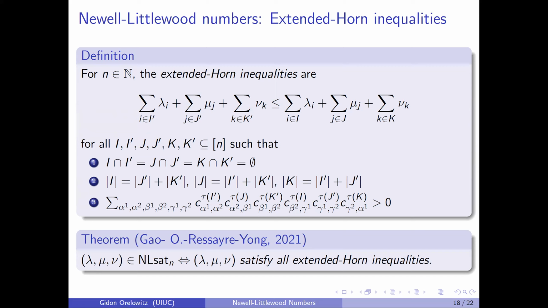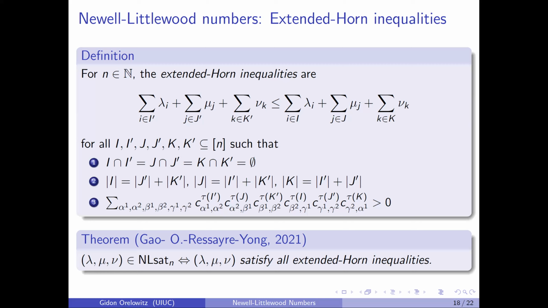It's just a fancier version of the condition before that the three sets had to be the same size. Now we have a slightly more complicated form for it. And then the third condition is the weirdest, is what I'd say. This is the equivalent of saying that the taus of the three sets form a Littlewood-Richardson triple.